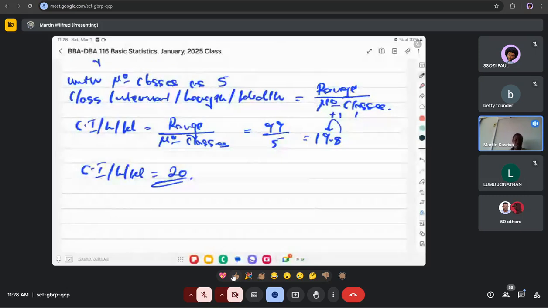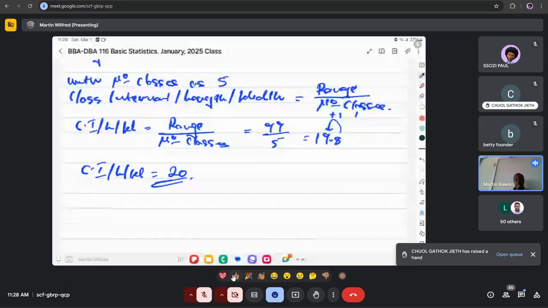After I've gotten the first group, the remaining classes or groups we are yet to come up with, we actually maintain the actual determined class interval value.